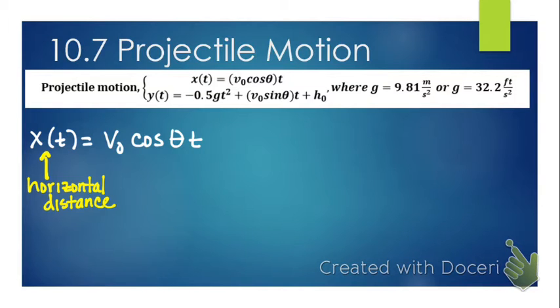V sub 0, that's your velocity. Theta, that is your angle. T is time. So I'm just defining the variables in that equation.